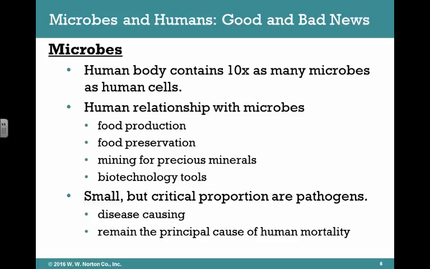Good news is that we have about 10 times, or probably more than 10 times, as many microbial cells associated with our body, either in our body or on our skin, than we do actually have human cells. So just by the sheer number, 10 times more microbial cells than our own human cells, we can infer that these microbes are really key to our survival and our development.